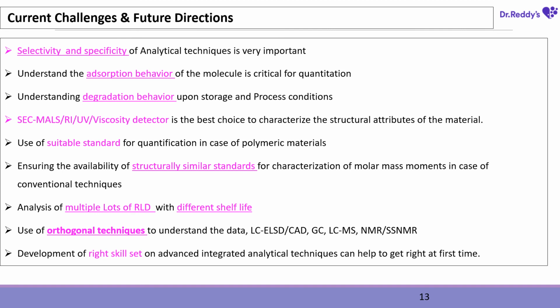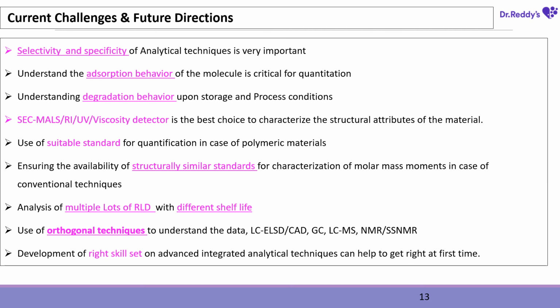So based on our experience, SEC coupled with multi-angle laser light scattering, along with RI, UV or viscosity detector, is the best choice for characterization of structural attributes of all polymeric materials. And it is important to have a suitable standard for quantification in the case of polymeric materials. Otherwise, the response under the peak may change.